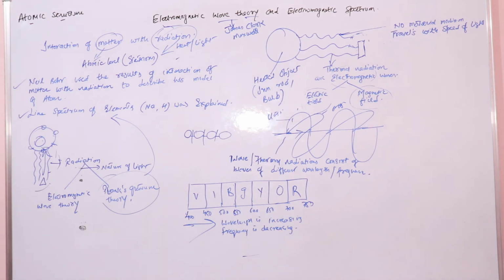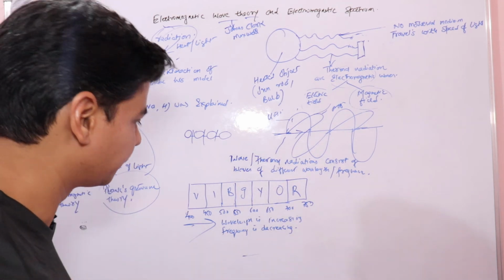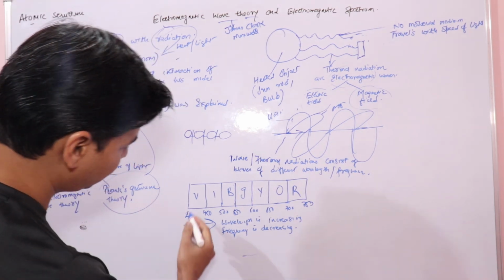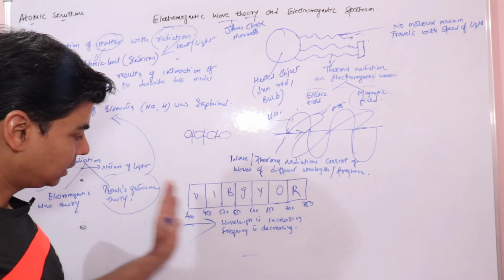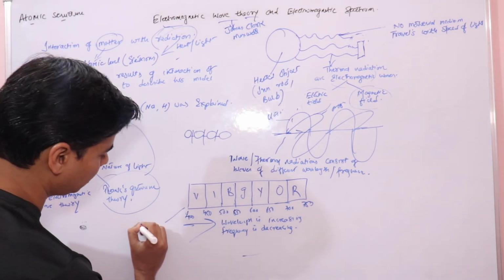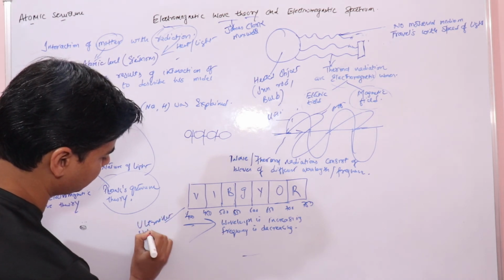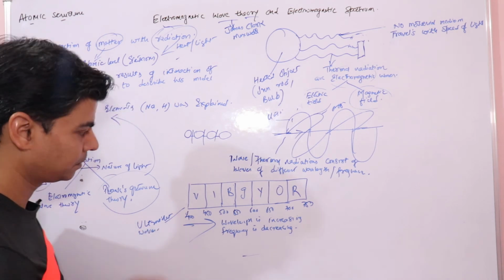And what you see here, this is the visible portion of the electromagnetic spectrum, right? The wavelengths below violet are known as ultraviolet waves or ultraviolet spectrum, right?